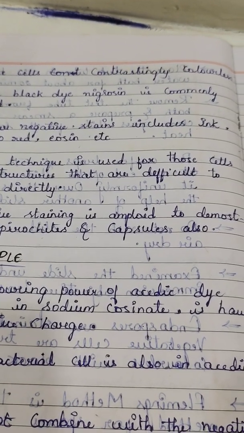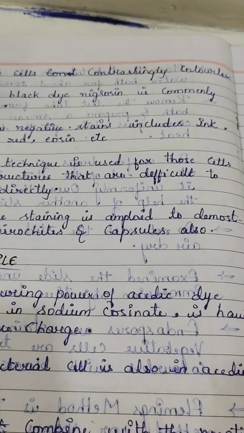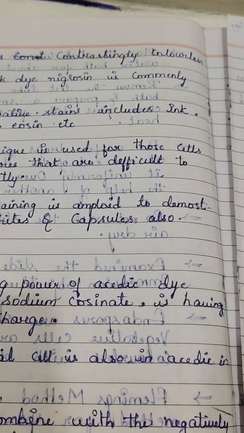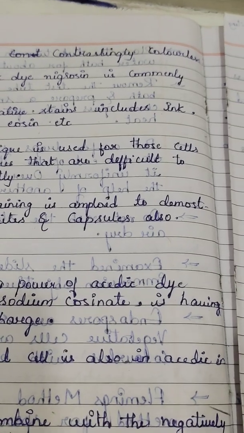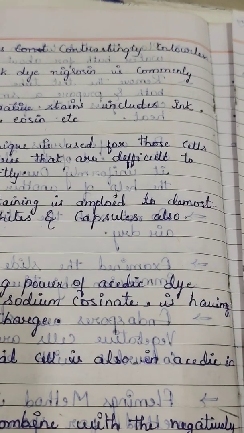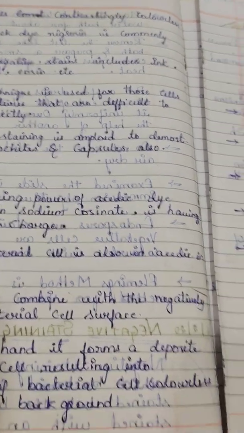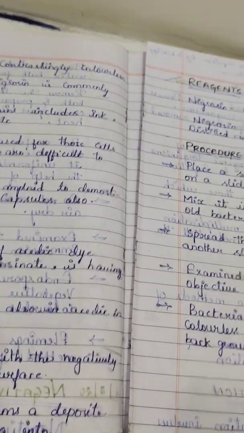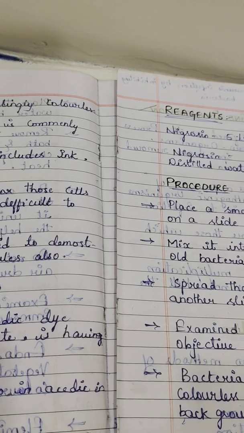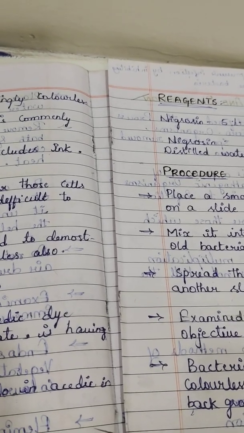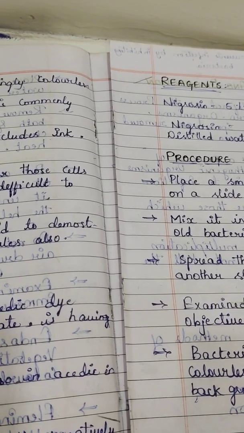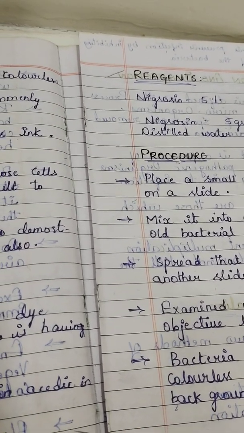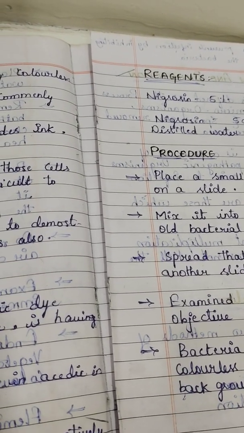Suppose the coloring powder, the stain powder, is acidic in nature, the organism which we are going to stain will be opposite, that is, negative charge. Then, as the bacterial cell is also acidic in nature, the stain does not combine with the negatively charged bacterial cell surface.